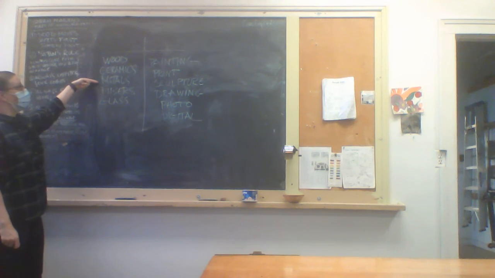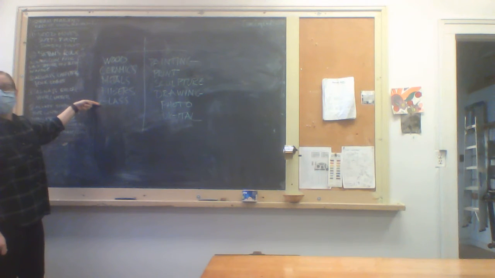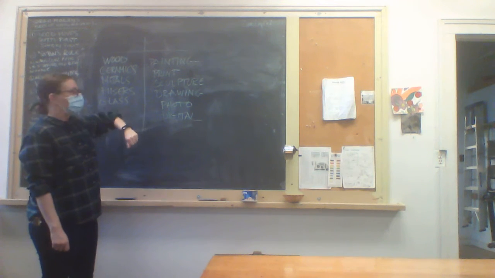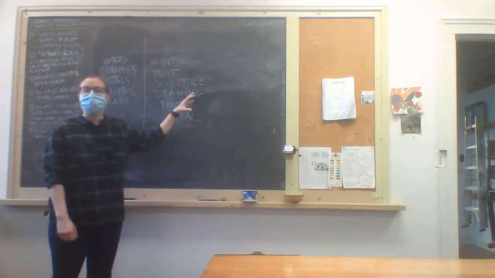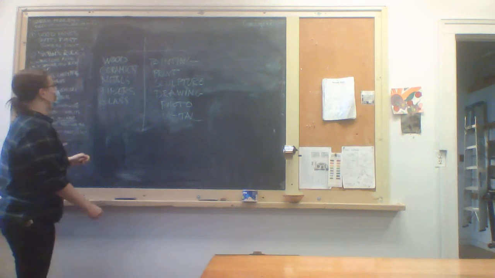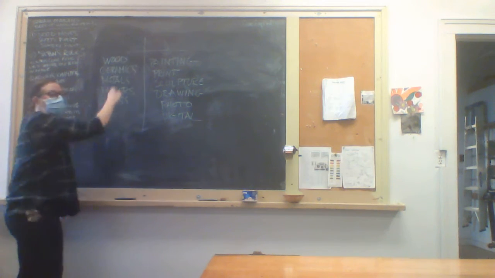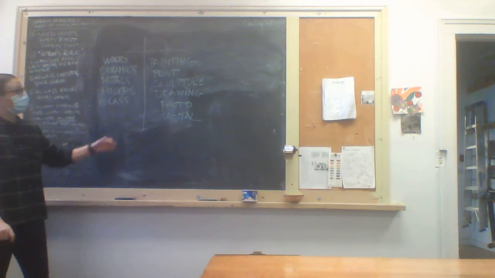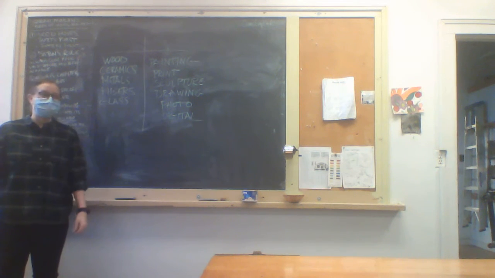Material. Process. Now, it doesn't necessarily look that way on the surface, but you cannot get around the wood part of woodworking. You can get around the paint part of painting.